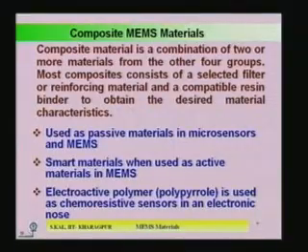Now, let us come on to composite MEMS material. Composite materials are basically a combination of materials from different groups, which I mentioned, 4 groups: metal, semiconductor, polymer and ceramic. Of these 4 groups, if we combine materials from different groups to obtain the desired material characteristics, then it is known as a composite material.